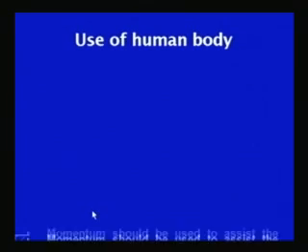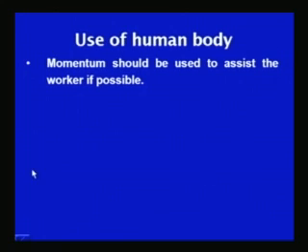achieving a given motion. Some other principles related to the use of the human body are like momentum should be used to assist the worker in carrying out the given job.